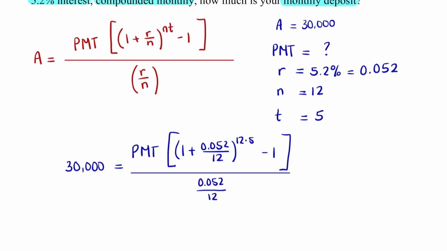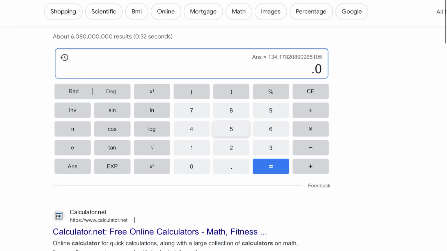Next, I need to simplify this fraction. So I take 0.052 divided by 12. Again, do not round at this step. Do not round to 2 decimal places or 4 decimal places. Use this number and use as many digits as you see here, or at least 6 or 7 digits.